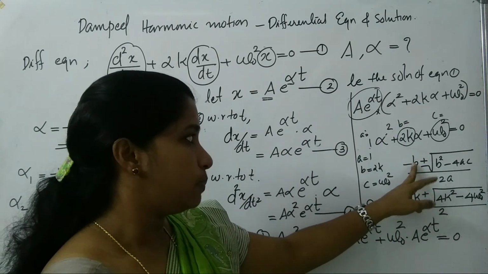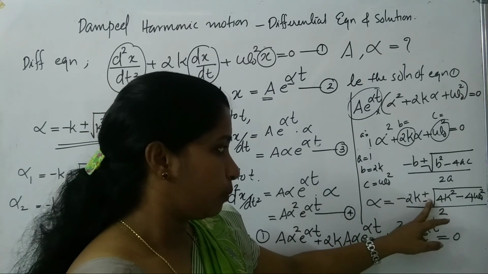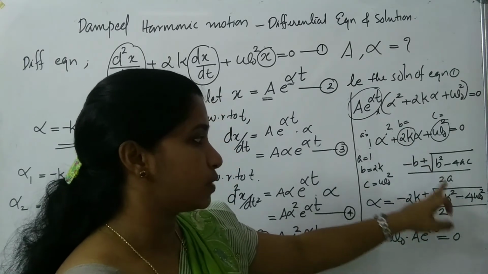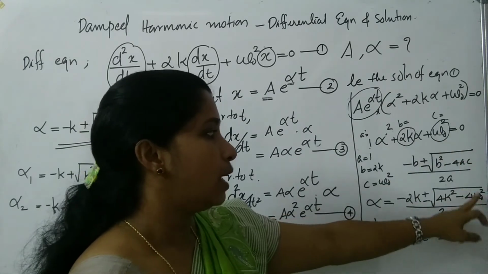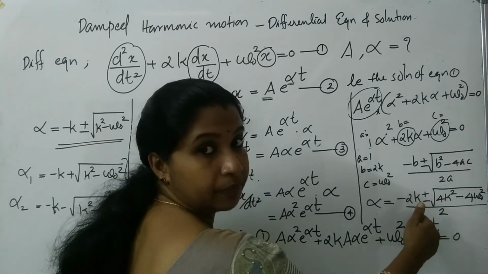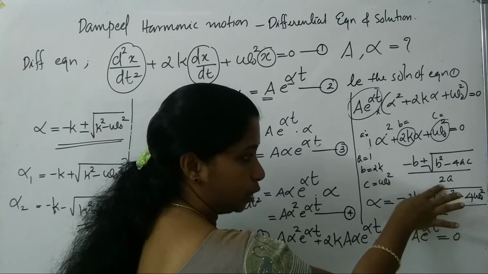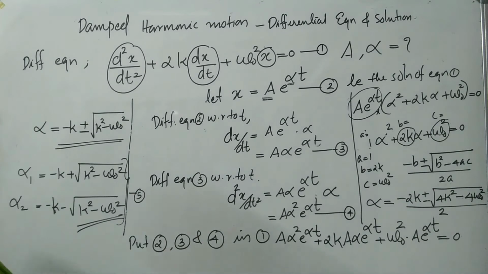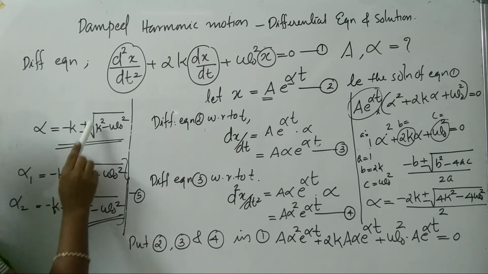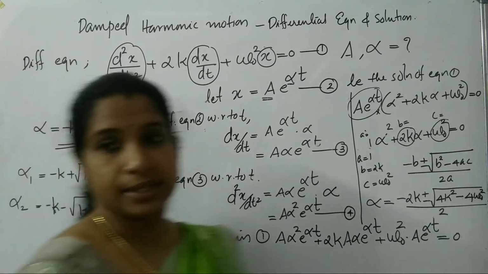Minus b, minus 2k plus or minus root of b square, 4k square minus 4 into c, omega 0 square, by 2. Take 2 as the common term. So we can cancel all the 2's in the numerator and denominator. So we get alpha equal to minus k plus or minus root of k square minus omega 0 square. Two values are there.